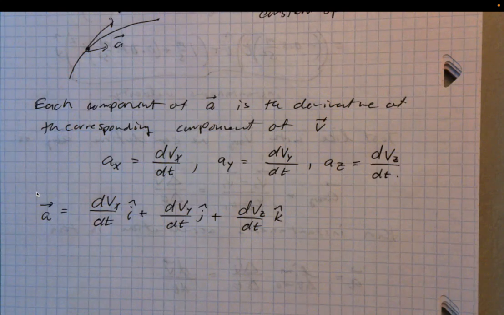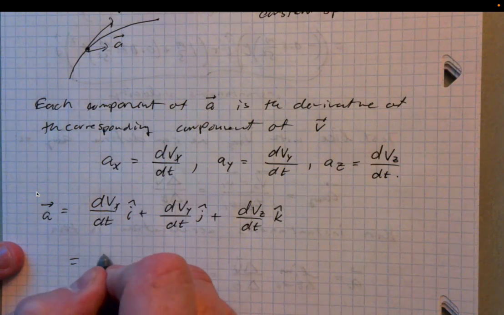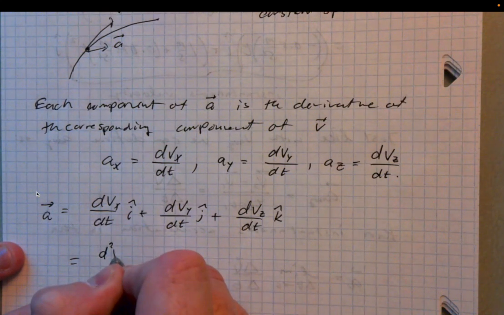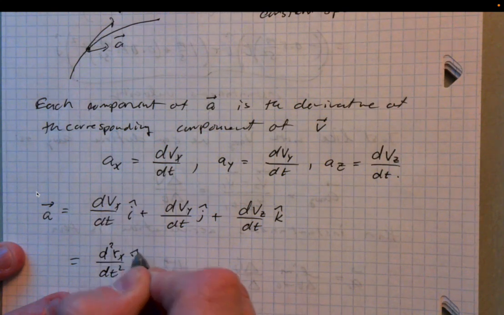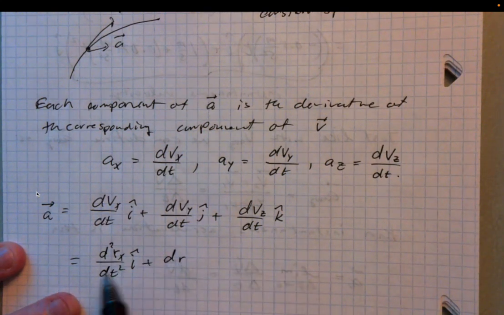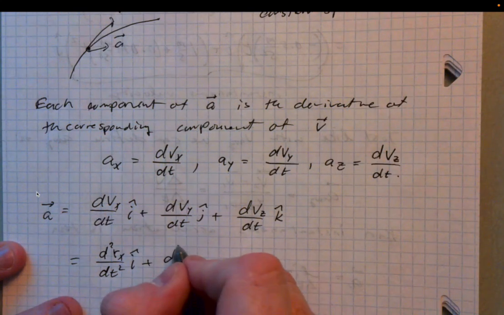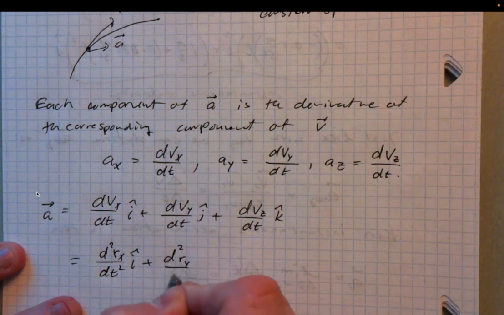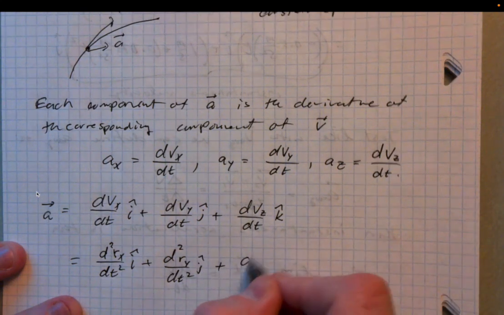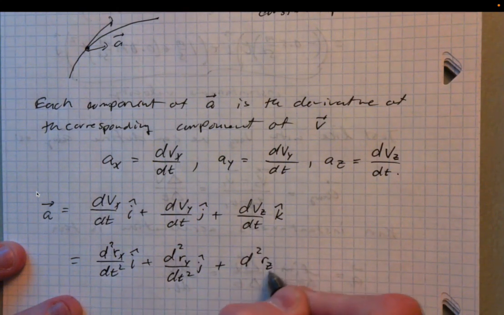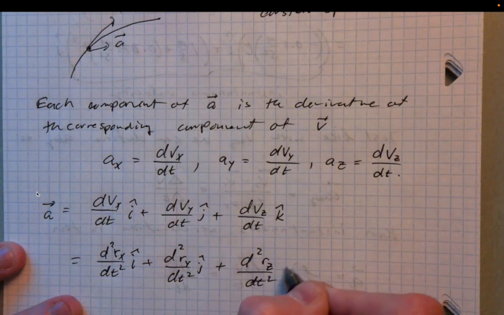Right? So those are just the derivatives of velocity. It's also true that it would be the second derivative of position. So d squared rx dt squared, and d squared ry dt squared, and d squared rz dt squared, right?